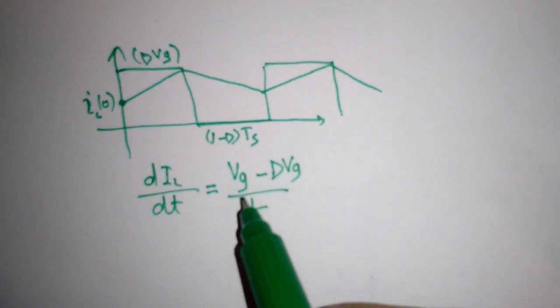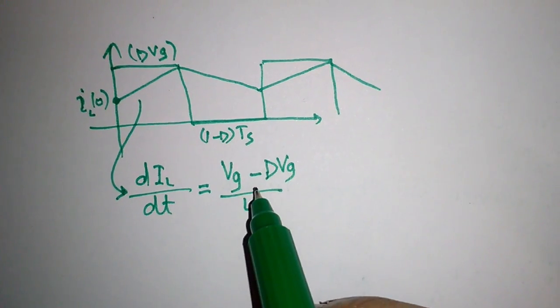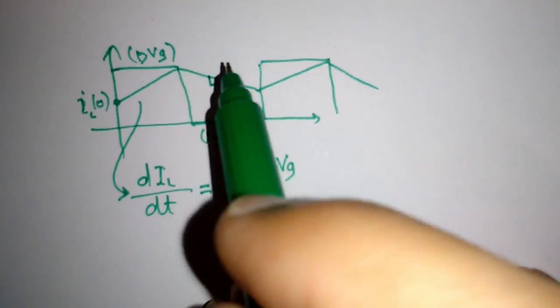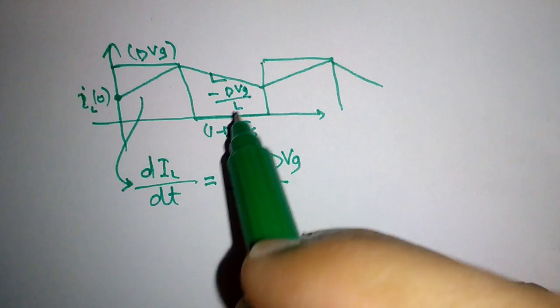So from this point the slope is equal to Vg minus DVg over L, and this slope will be equal to minus DVg over L.